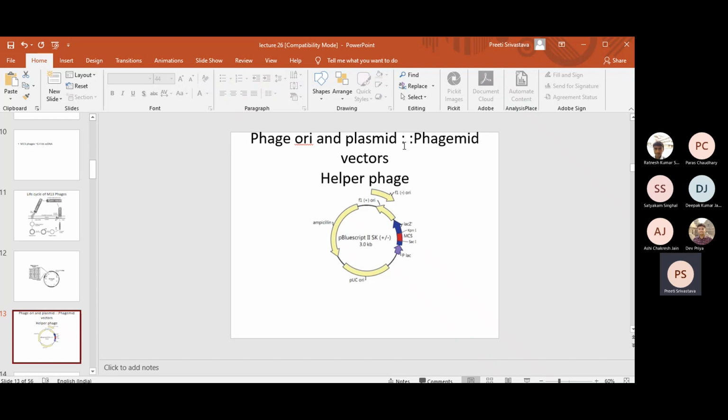As a result, the F1 origin present in pBluescript will make more copies as compared to the helper phage copies. So more copies of M13 will be created which contain pBluescript DNA, because the F1 origin is more active here.